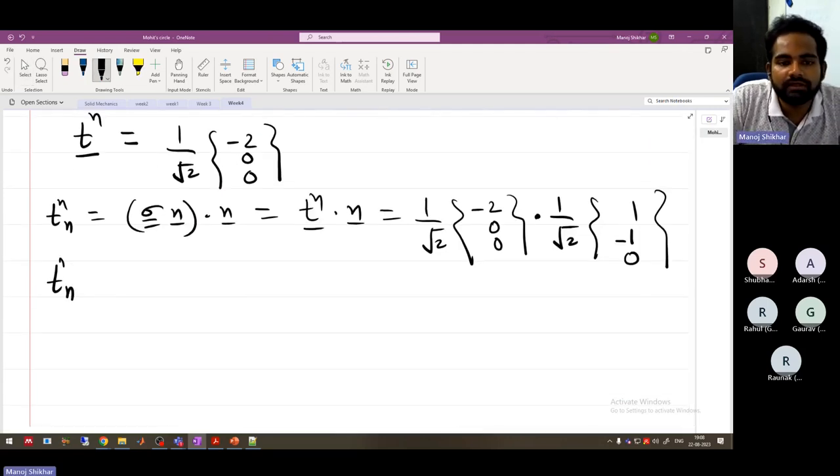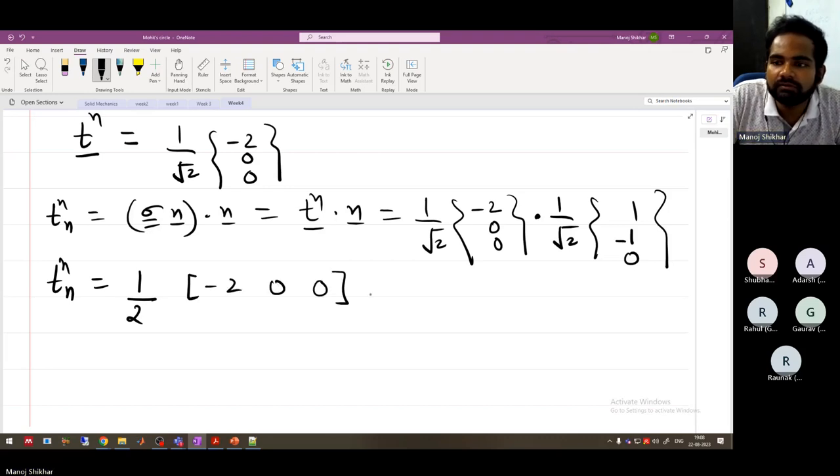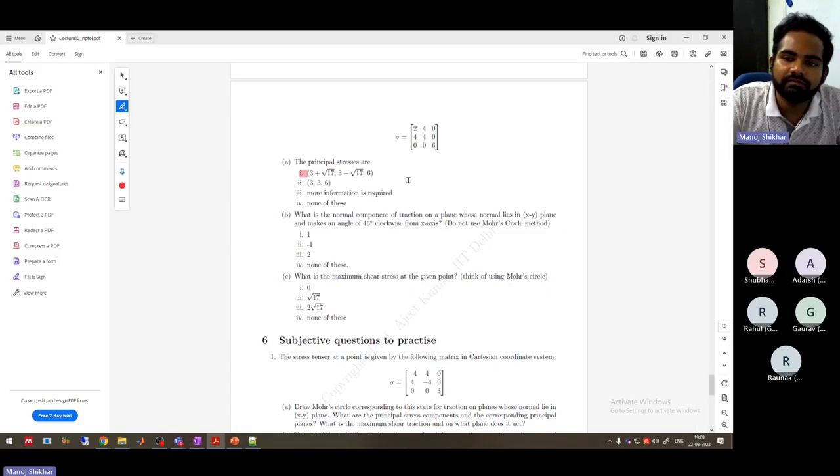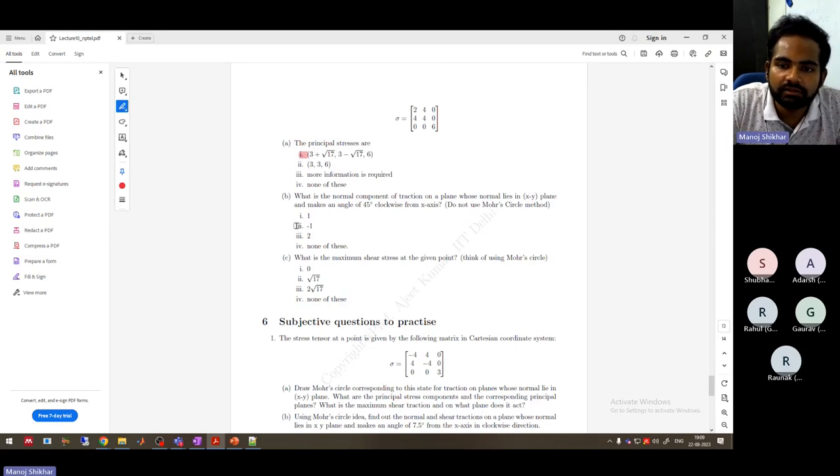The dot product can be written as A transpose B. So I will take 1 by root 2 common, and A transpose will be (minus 2, 0, 0) into (1, minus 1, 0). So the answer is minus 2 by 2, so minus 1. So the normal component will be compressive and the answer is minus 1.